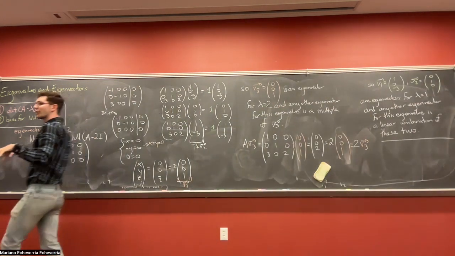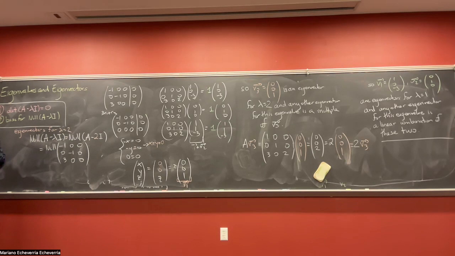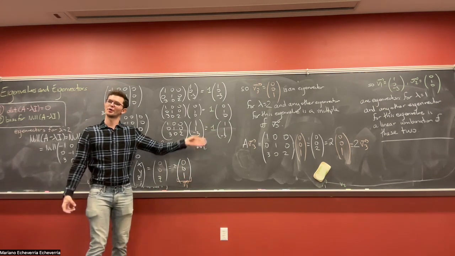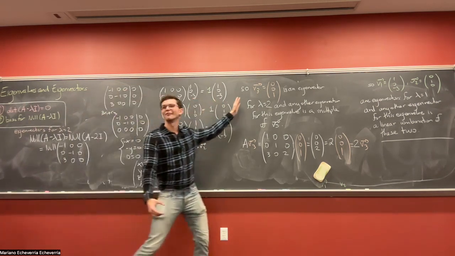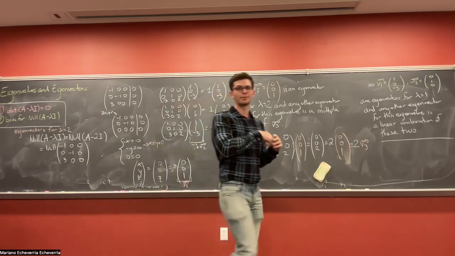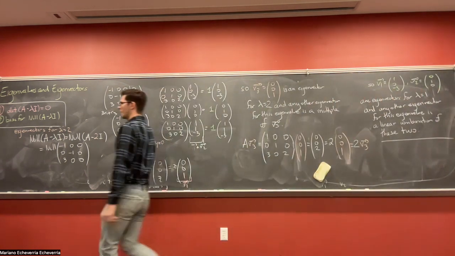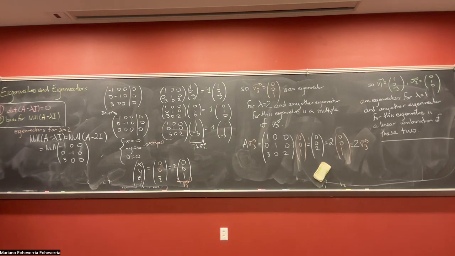Any other vector that the matrix doubles is a multiple of 0, 0, 1. That's the whole point of saying that this is a basis for that particular null space. So if you have any other vector that was doubled in size, it had to be a multiple of 0, 0, 1. That's what the eigenvector is saying. Does that make sense?